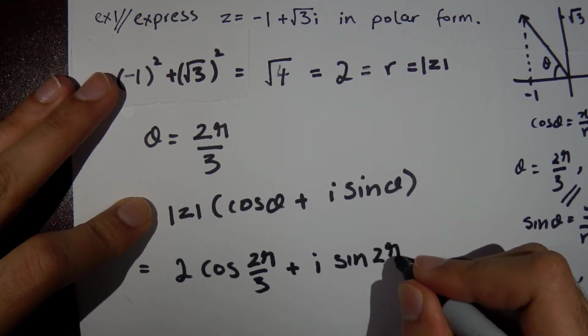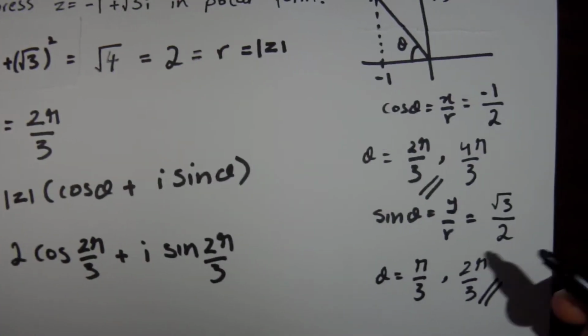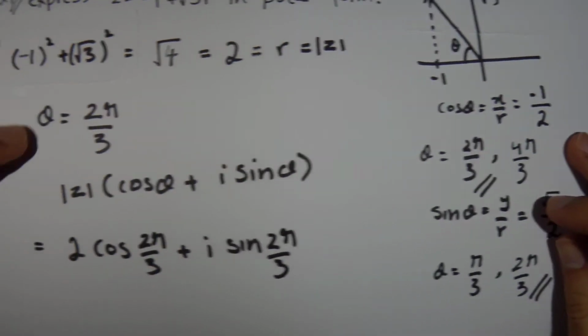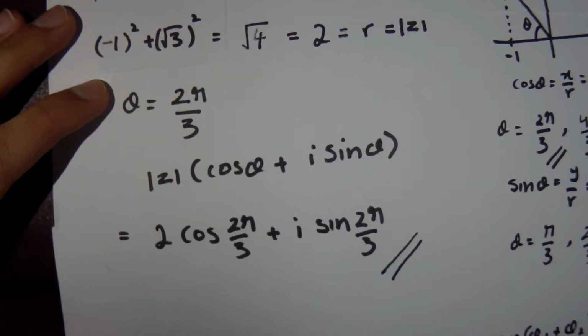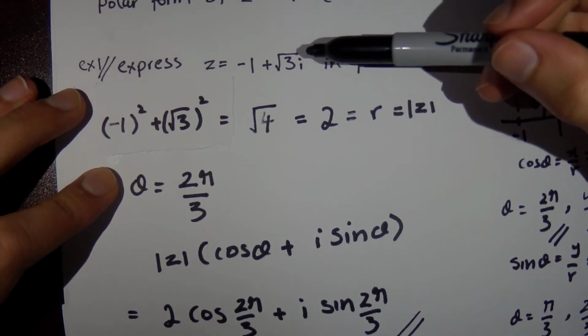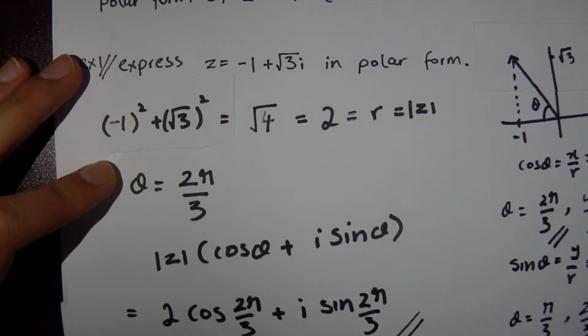Common mistake right here. People often tend to find different angles for the sine and cosine. And this right here will be your polar form of the complex number z equals -1 plus root 3i.